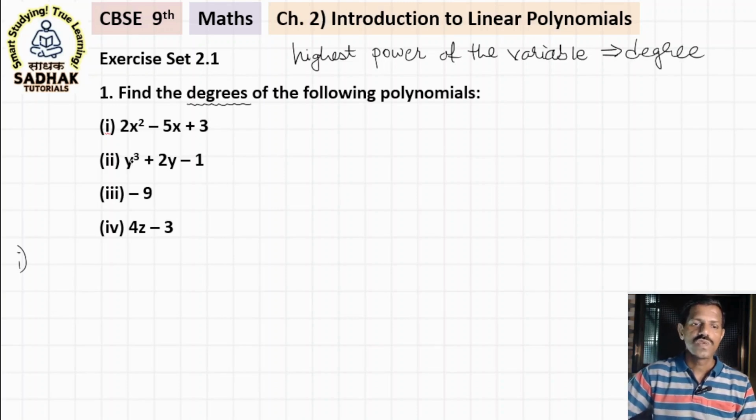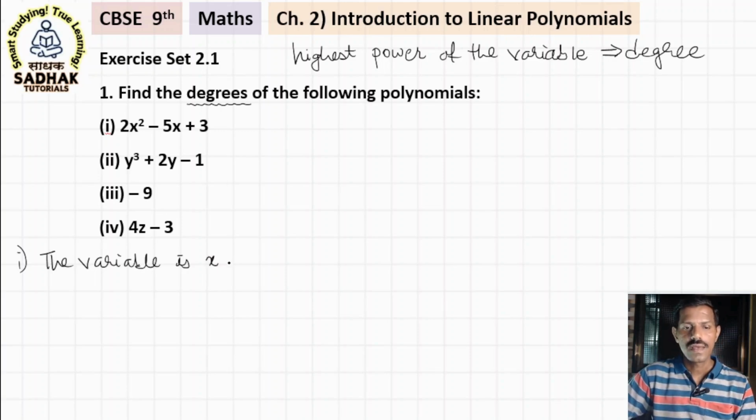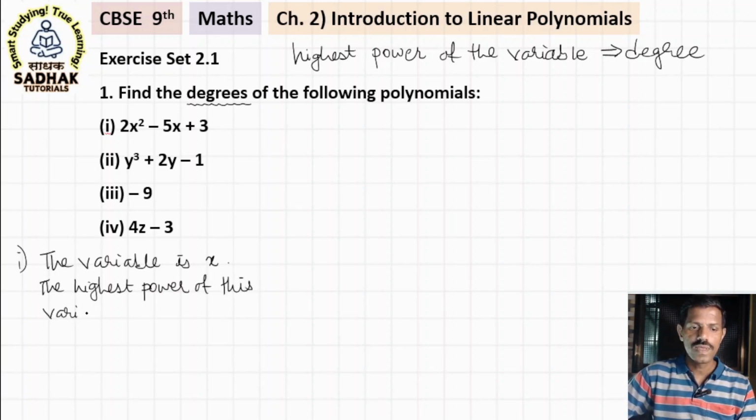So in this first sub question we can see that the variable is x, and the highest power of this variable is 2.